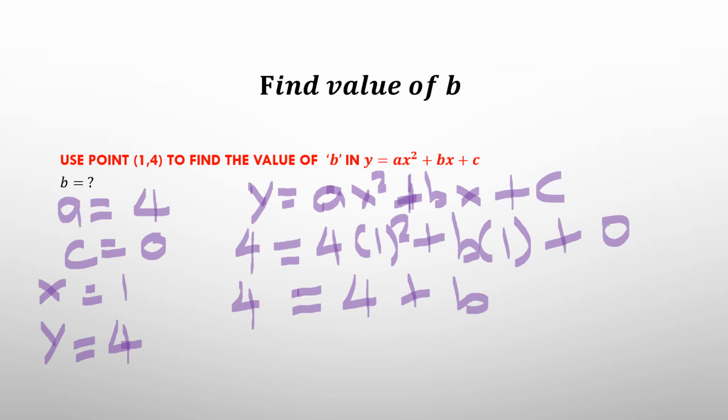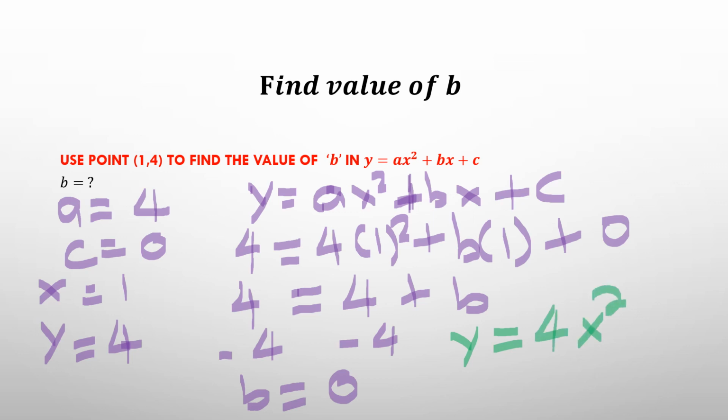Now we want to isolate b, so we subtract 4 from both sides. b equals 0. So now we want to write our equation. We have y equals 4x squared. b is 0, so we do not have a b term, and c is 0. This is our final equation.